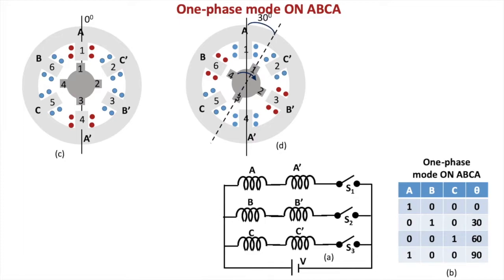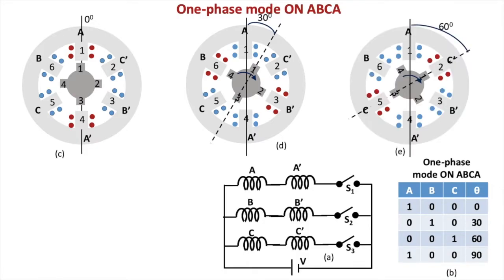Next time we will give the supply to B, because you see the red dots on B. So the B is being energized and the motor rotates in the clockwise direction so that the next pole is aligned to the B. So that is the minimum reluctance path, and the rotor aligns itself with the pole B. Then again we give a supply to C, and the next nearest pole on the rotor was pole number 3, which aligns itself with the C stator coil, and therefore again it is rotating by an angle of 30 degrees. So the total angle of rotation is 60 degrees.